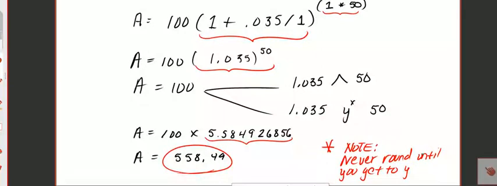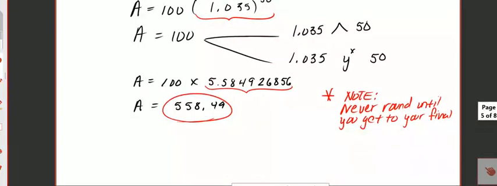Never round until you get to your final answer. I think you get the idea. At this point, right here at the 558.49, is when I round, and I never round before. Okay, so that'll help you get through these calculations.